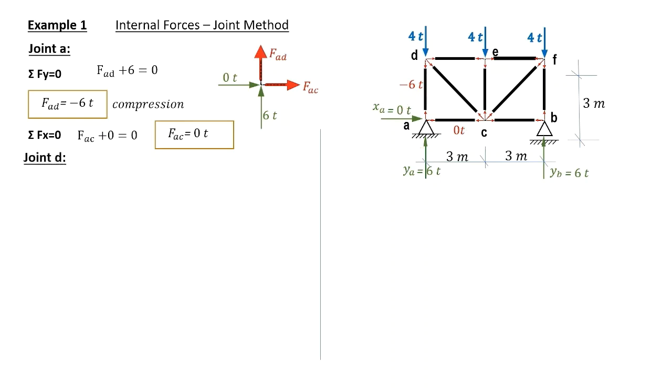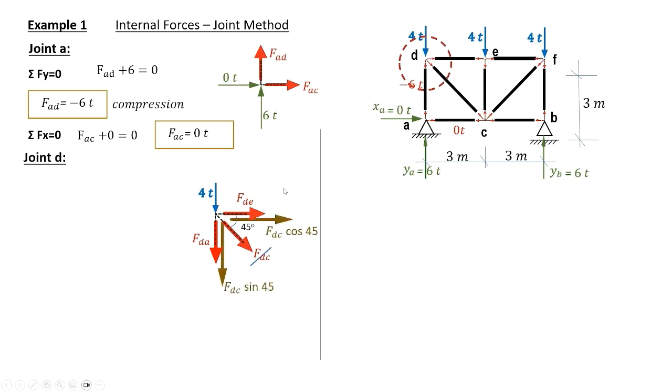Now we have another joint D. We extracted it outside with all external and internal forces. We have the external force 4 tons applied on the joint and the internal forces of the three members connected to the joint D. So FDC can be analyzed in a horizontal component and a vertical component.